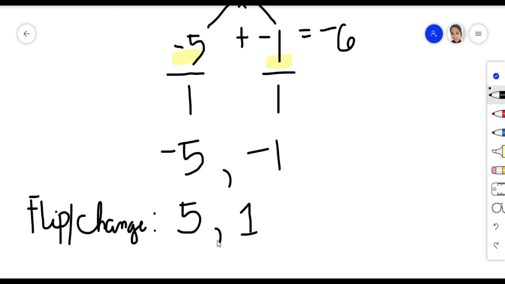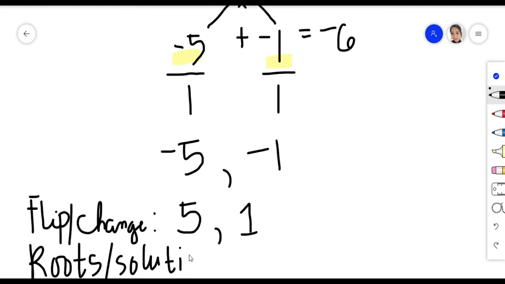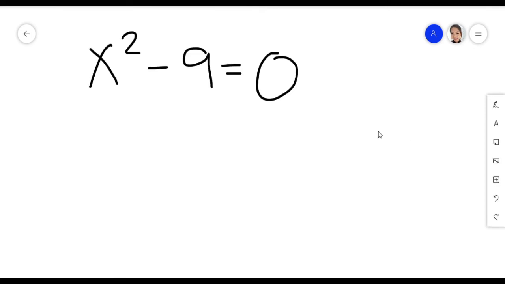So, since we already changed the signs, therefore the roots, or the solutions, are 5 and positive 1.